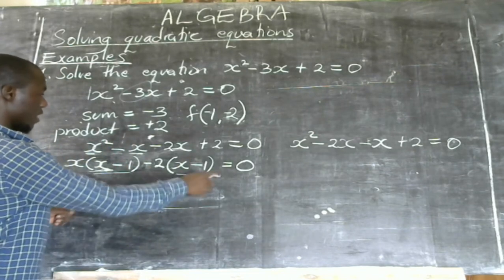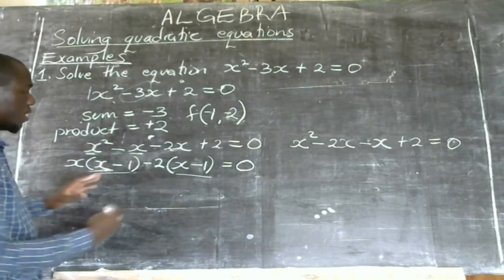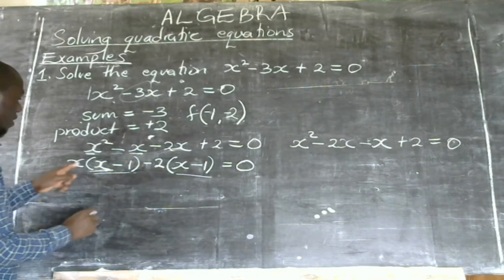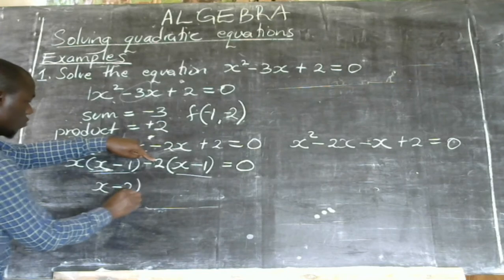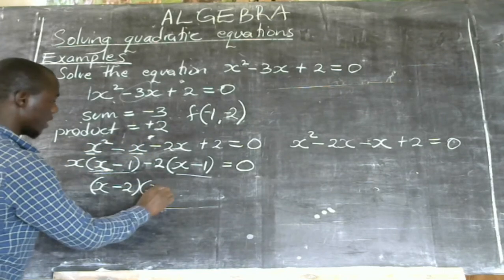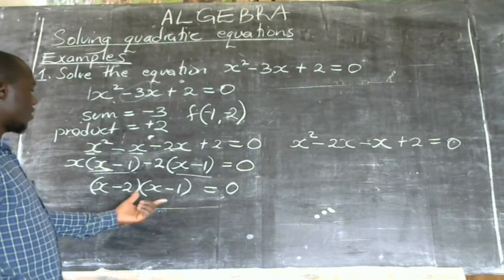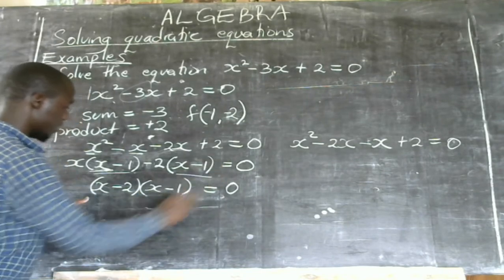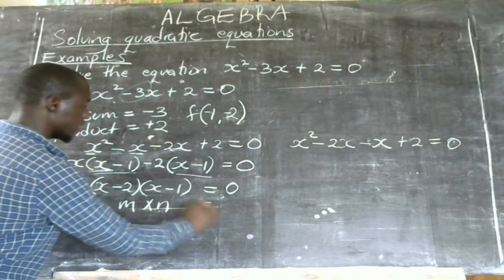So when I factorize this bracket, I'll be left with x, then a negative 2, into the bracket that I've pulled out, is equal to 0. This is where I said that we shall always have a factorized expression in that form, equal to 0.